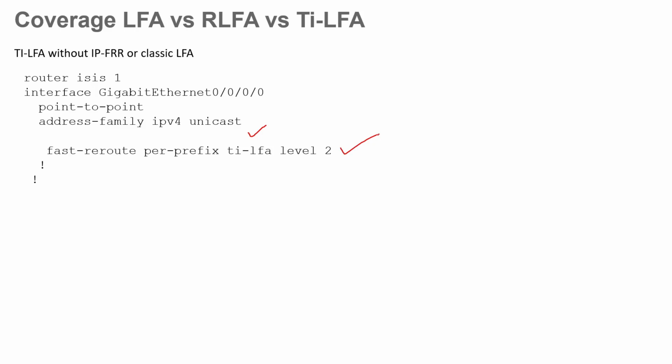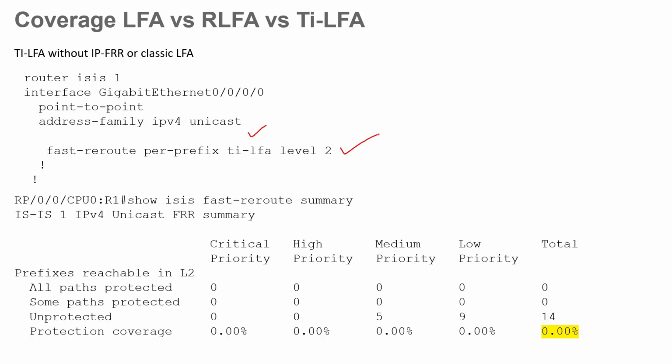So let's say we remove the per prefix loop-free alternate command from the configuration. In that case your Ti-LFA won't work. So you can see here percentage coverage is 0. So to implement Ti-LFA you must have the per prefix loop-free alternate enabled.